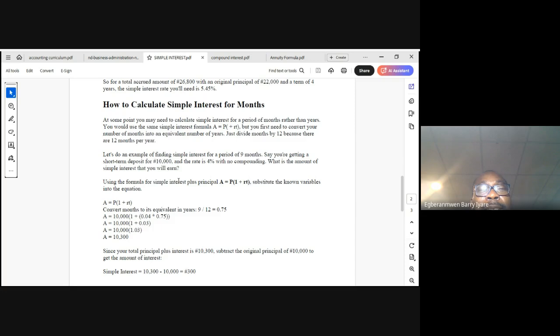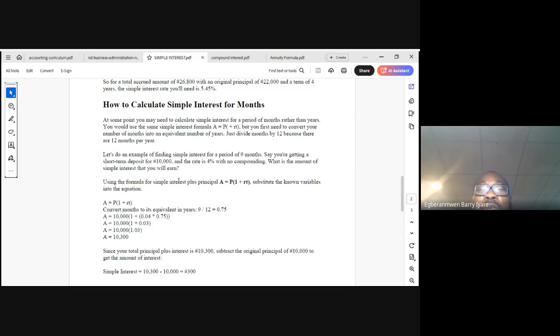Now let's do an example of finding simple interest for a period of 9 months. You have a principal of 10,000 naira and the rate is 4%, with no compounding. That is simple interest, not compound interest. What is the amount of simple interest that you will earn?